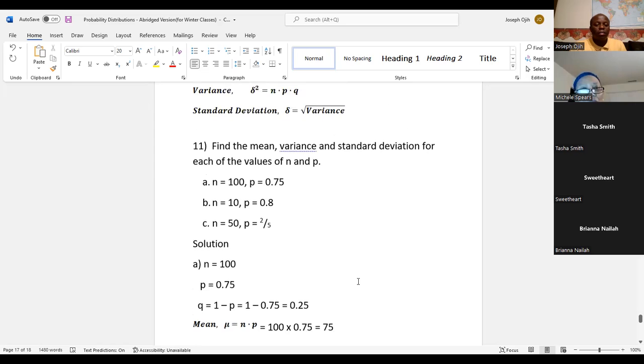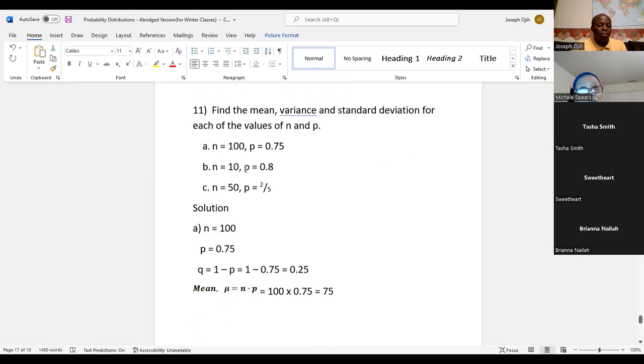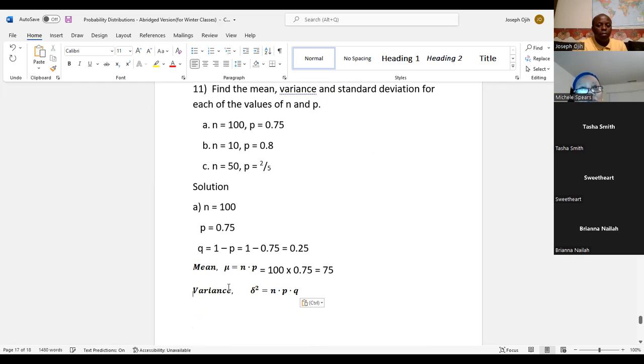And variance is n times p times q. So that'll give us variance equals, and our n is 100, times p, which is 0.75, times q, which we have as 0.25.